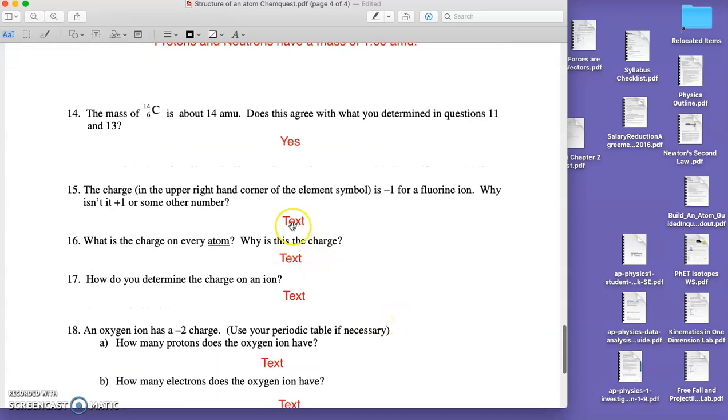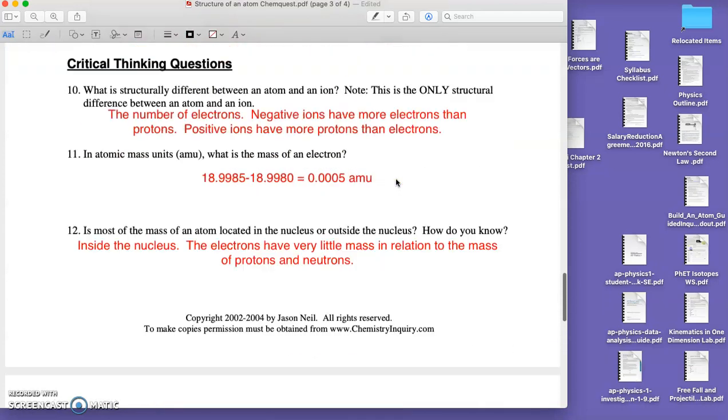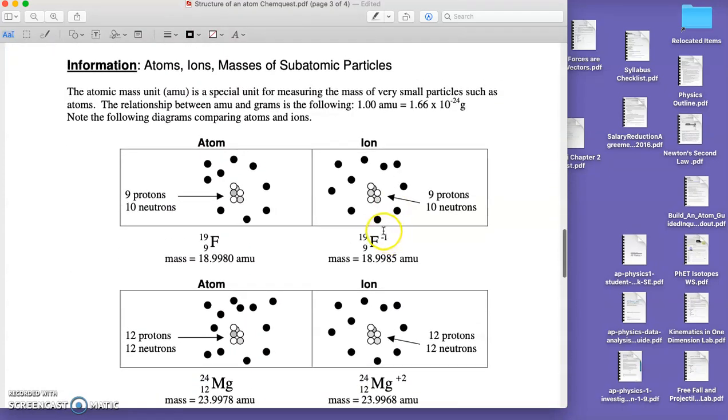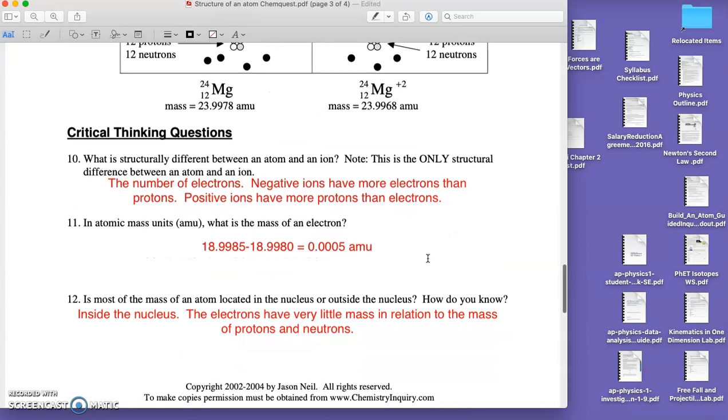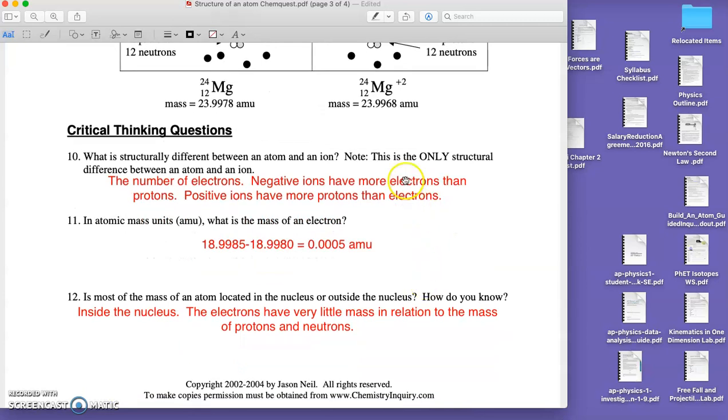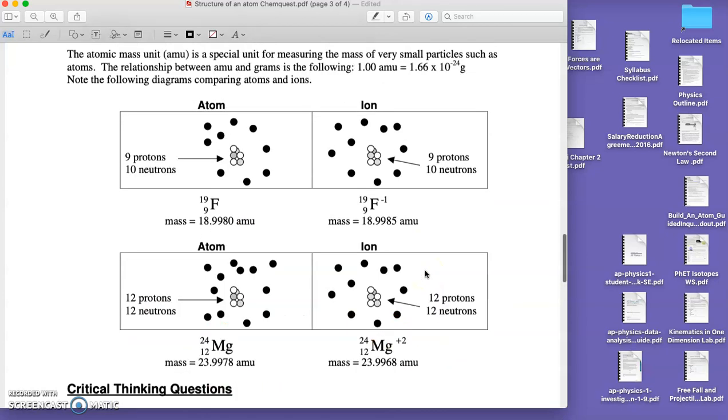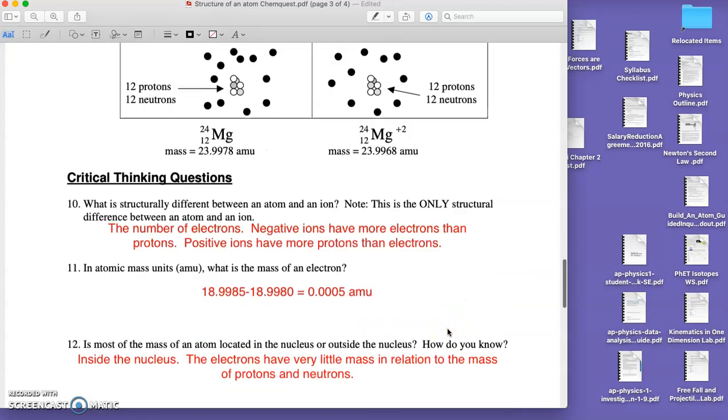The charge of a symbol is in the upper right hand corner. Okay, why isn't it net positive 1 or some other number? So if we look at fluorine here, it has this -1 charge. That -1 means that we have more electrons than protons, because we have 10 electrons and 9 protons.